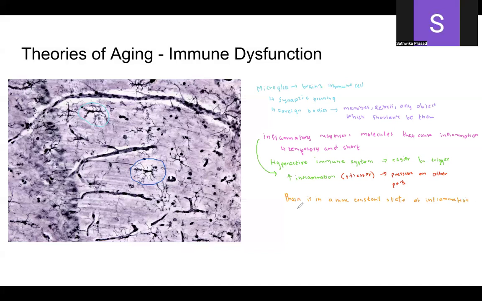The thing to note is that usually there would be anti-inflammatory molecules that come and calm the inflammation down. But as age goes up, your anti-inflammatory molecules also go down.